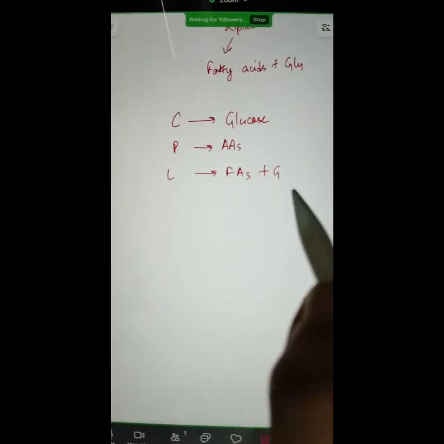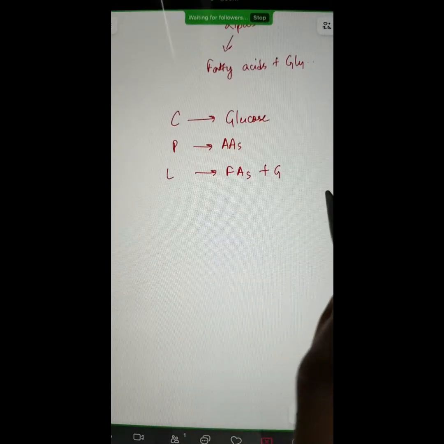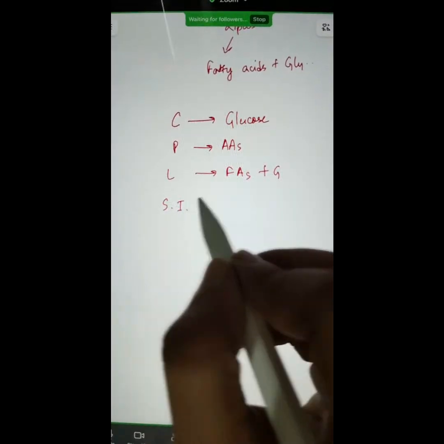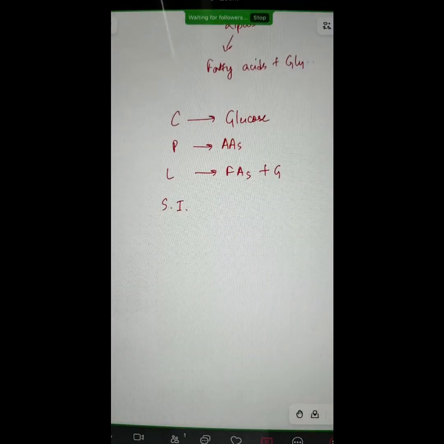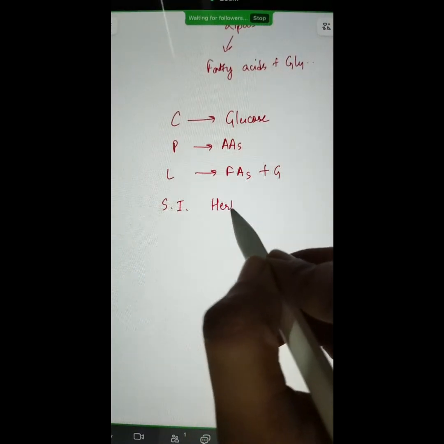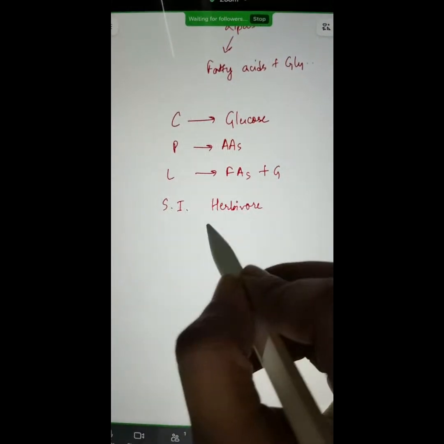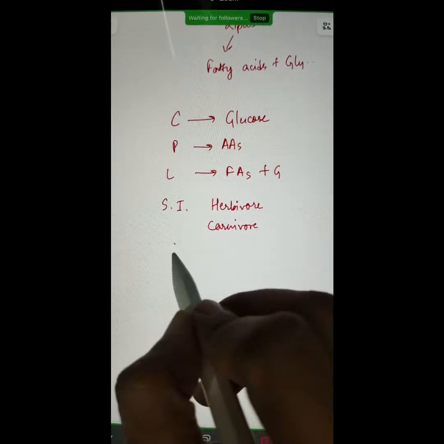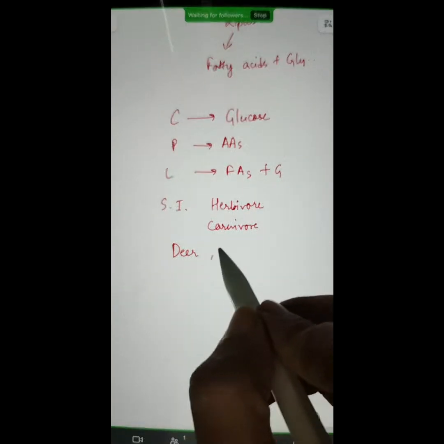So, small intestine is the place where the final digestion gets over. Now, another question, which animal has longer small intestine, herbivore or carnivore? Remember, this is a question of your syllabus, and the example of deer and lion are given to you.